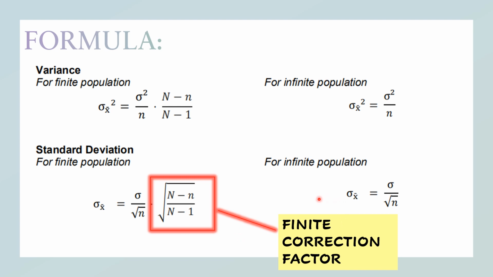So, sa pagsasolve ng finite correction factor, gagamitin natin tong formulang to: square root of capital N minus small n over capital N minus 1, where capital N is the population and small n is the sample.